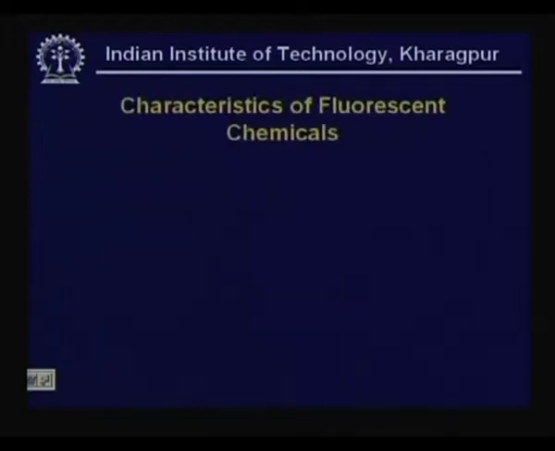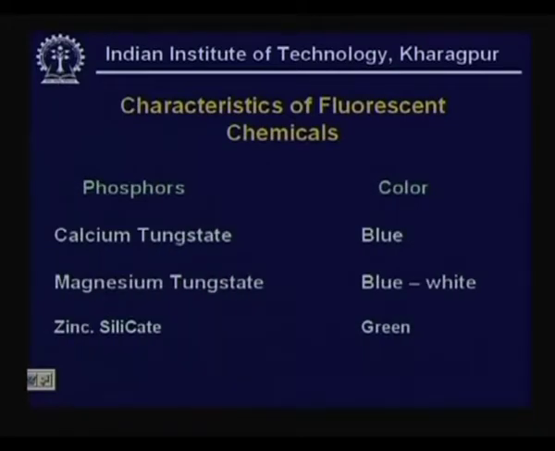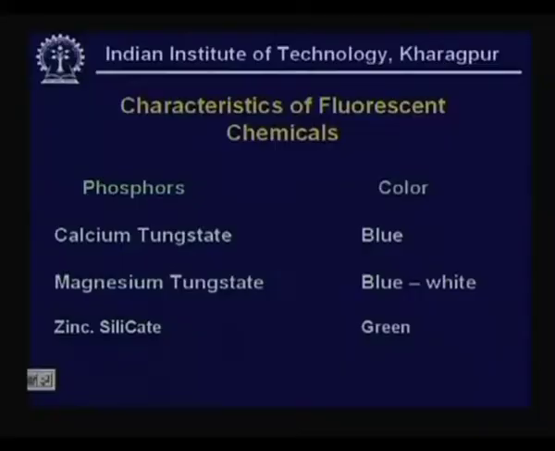So let us look at some of the chemicals that are employed, fluorescent chemicals. We call them phosphors. So we have phosphors versus the color, okay, calcium tungstate. When you talk of the color, basically what we are trying to say is in the radiation spectrum where it's going to be maximum. Calcium tungstate, after it goes into fluorescence, may be termed to be blue.